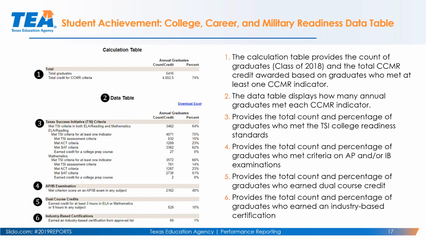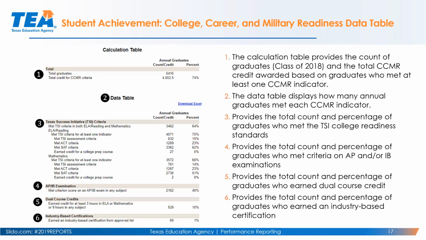Okay. From there, I have a total count of credit for CCMR. That would be a graduate meeting any one of the criteria that I'm going to talk about next in the data table. So a graduate would just have to meet one of those indicators to receive credit for CCMR. Now you might see that there's a 0.5.